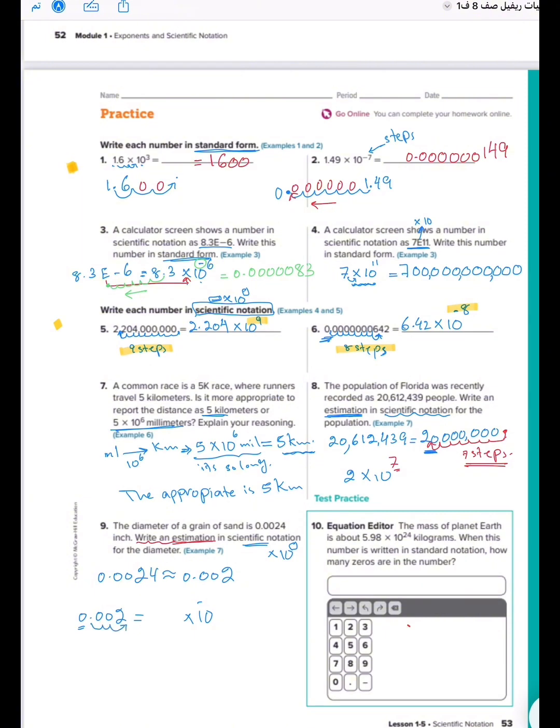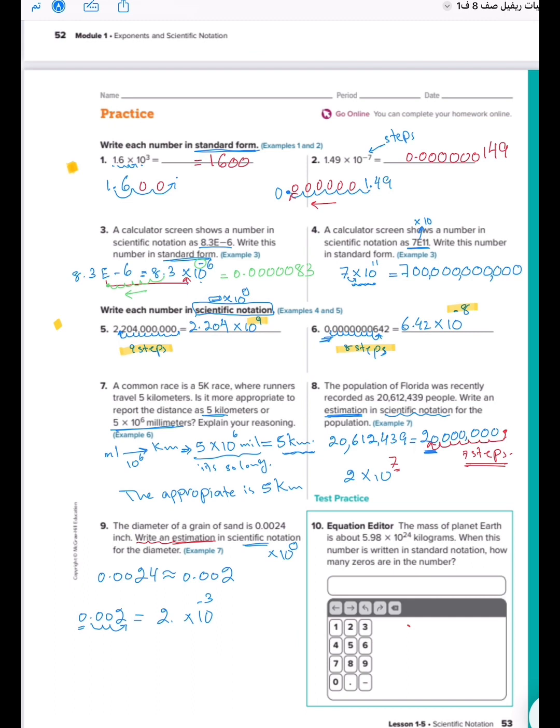So 2 point, right or not, it's the same, times 10 power minus 3. Okay, 2 times 10 power minus 3.